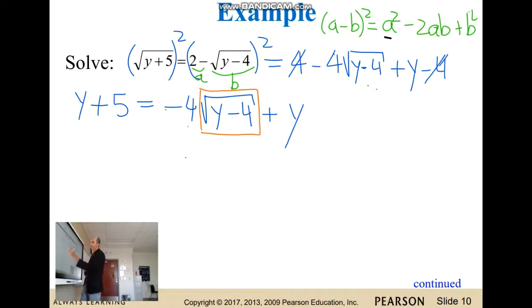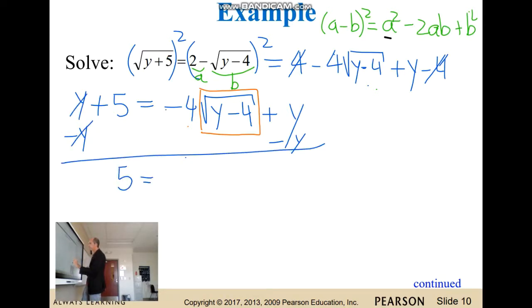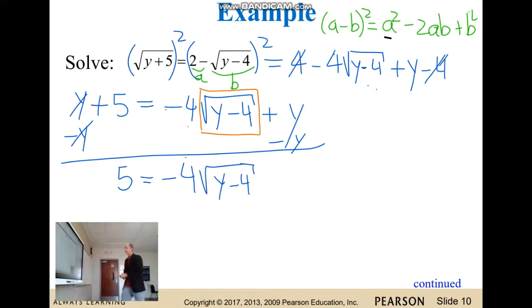We can actually get rid of the y by subtracting y on both sides, and then we have 5 equals -4 square root of y minus 4. And actually maybe it's going to be easier, let's get rid of this -4 as well. So, divide both sides by -4.